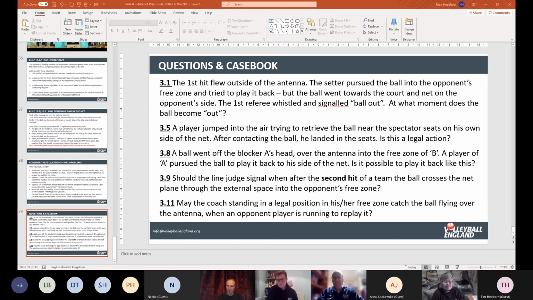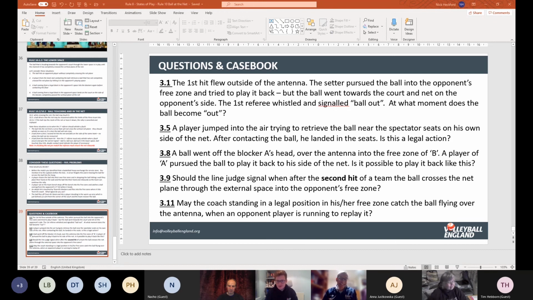And the antenna coming off the net, I would think, is one of the things that is not a safe thing to be happening, because it could hit a player in the eye, whatever. So regardless of where the ball is, in that instance, the antenna came off the net. We are replaying this point after we fixed it. A bit of sellotape does the job or something like that.